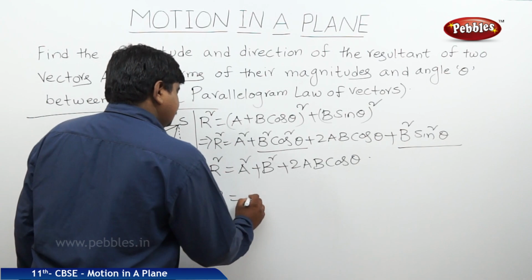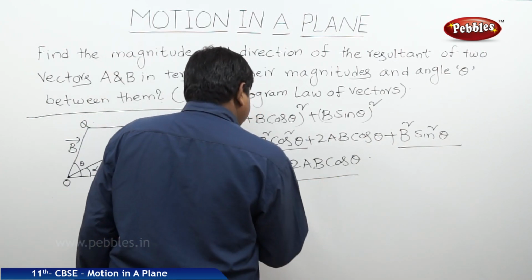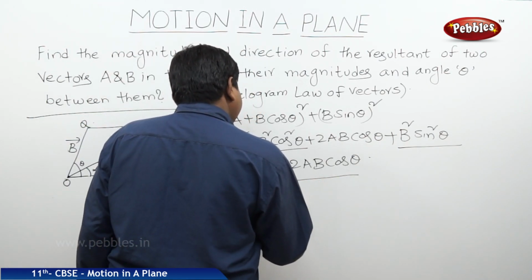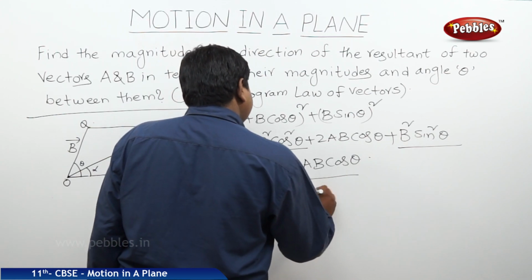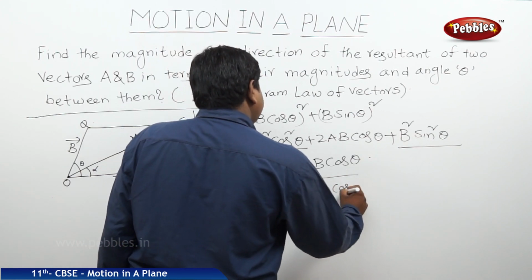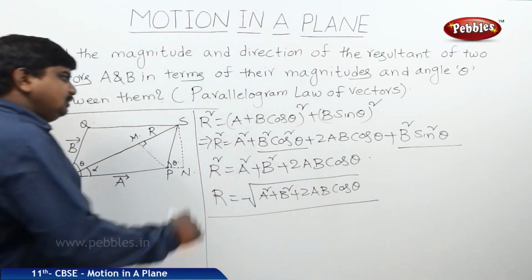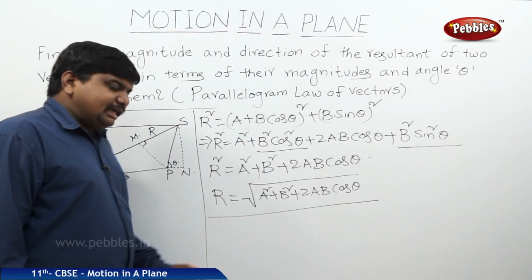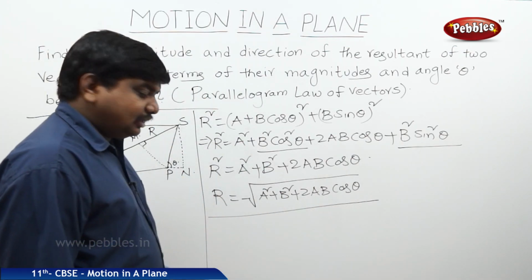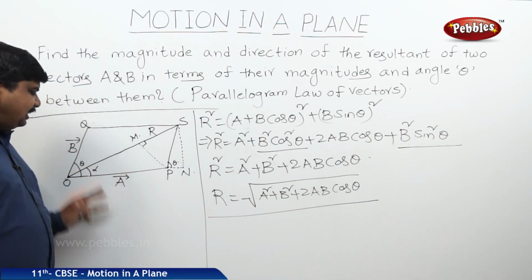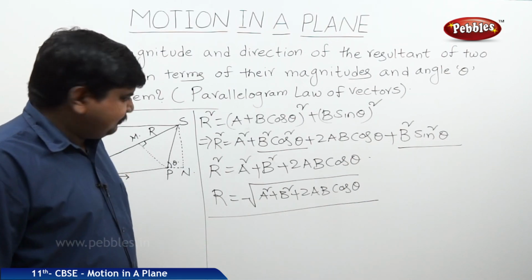Therefore, R is equal to square root of A square plus B square plus 2AB cos theta. This is the resultant magnitude of the given two vectors directed by A and B making an angle theta.